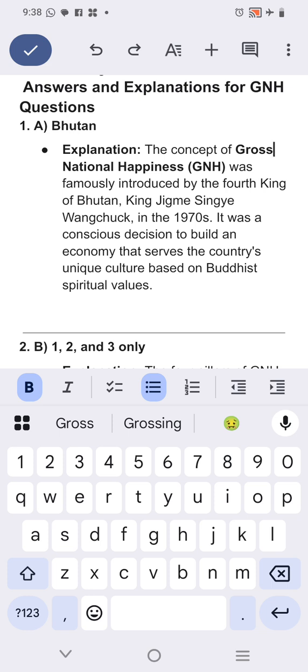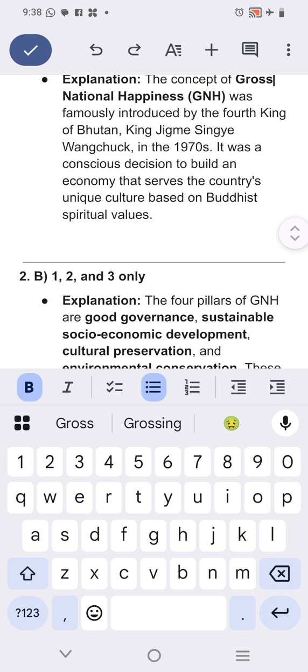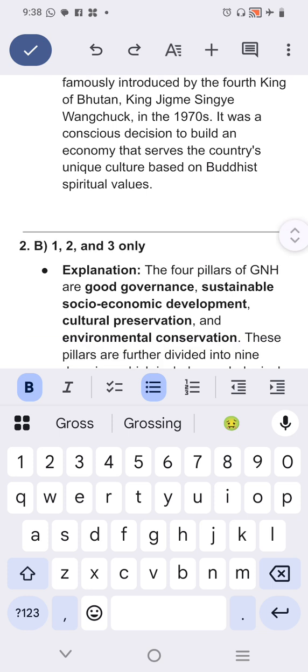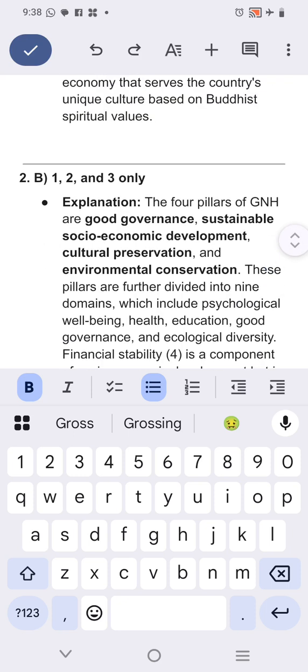Because it might be asked in some way, though the possibilities are less. GNH was started in Bhutan by King Jigme Singye Wangchuk, so Wangchuk is something you can register in your brain.